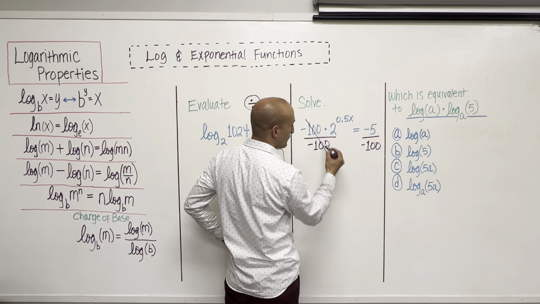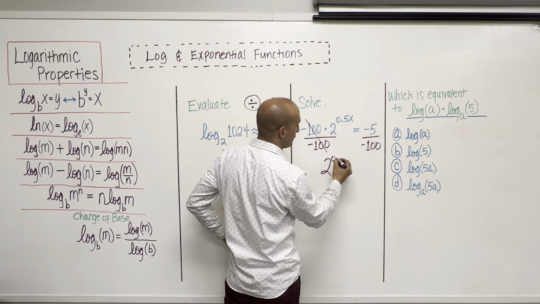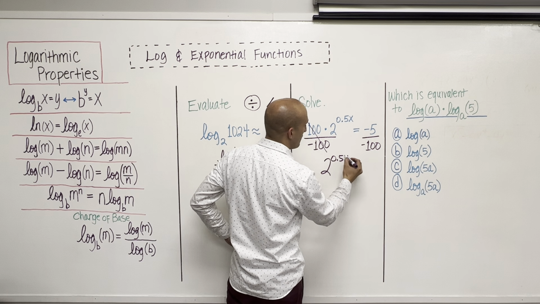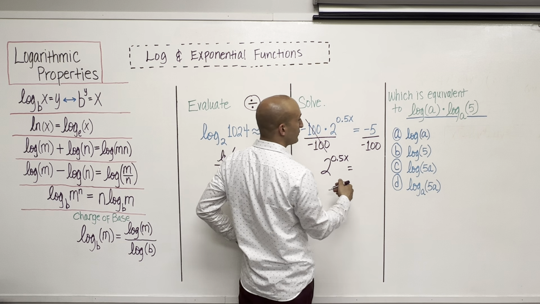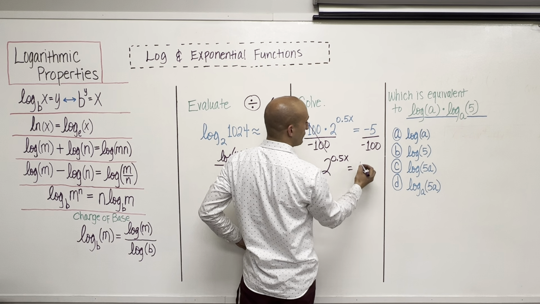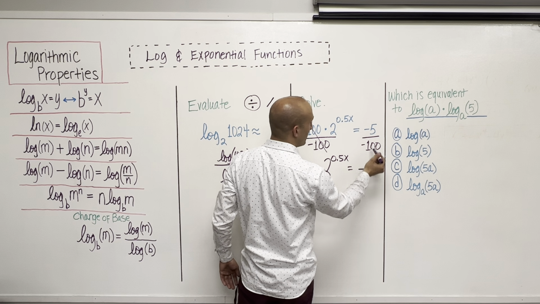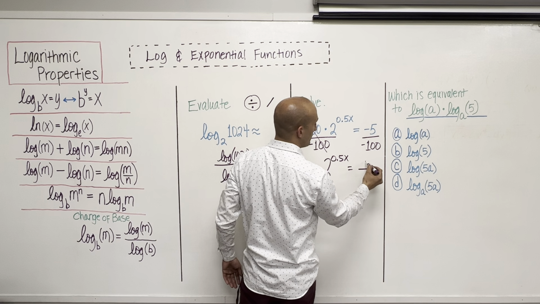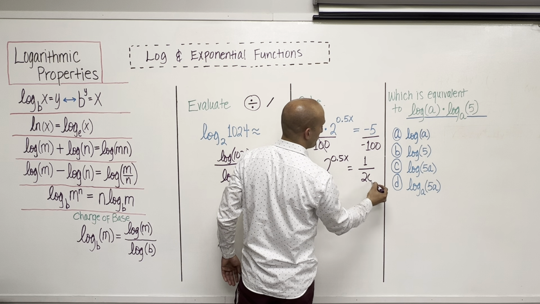Okay, so I'm going to rewrite this and say I'm left with 2 raised to the power of 0.5x equals, I have a negative with a negative, so my answer is going to be positive. I can simplify here, which will be 1 over 20.